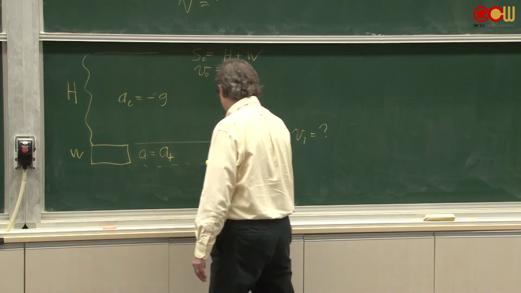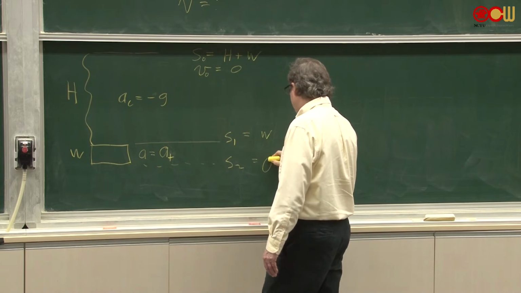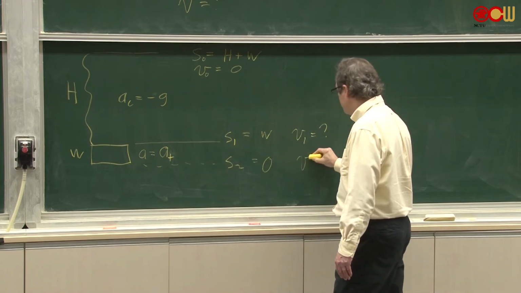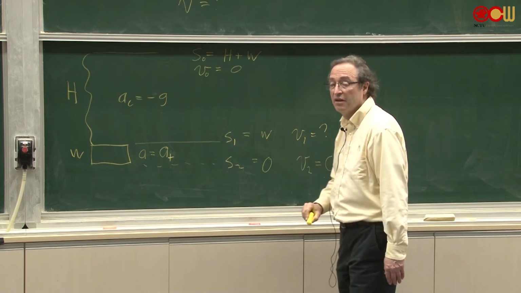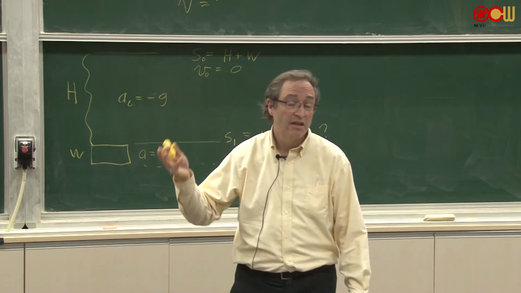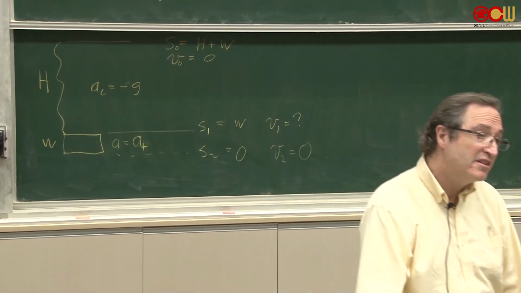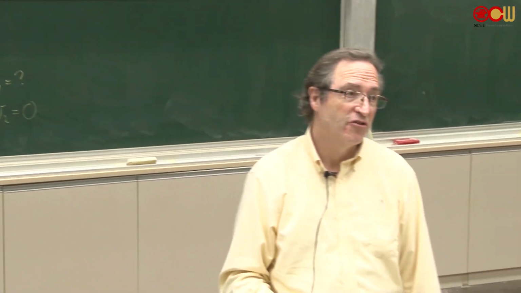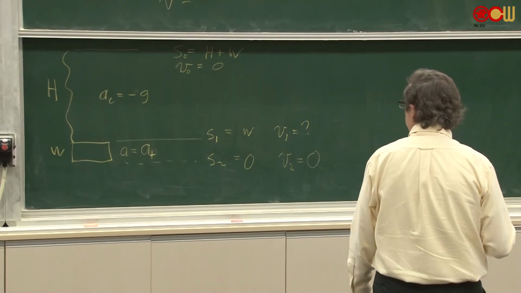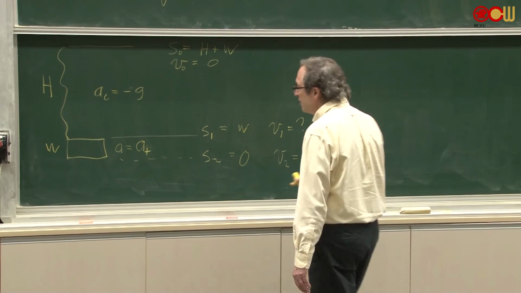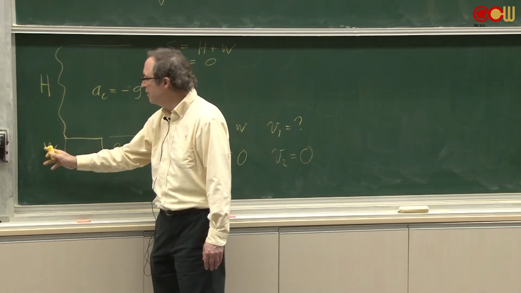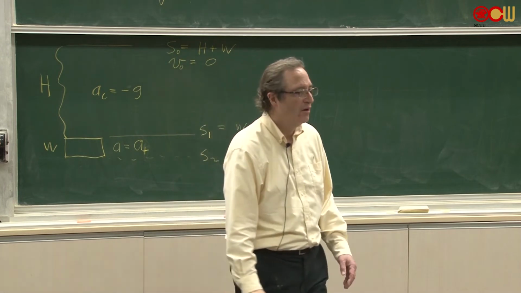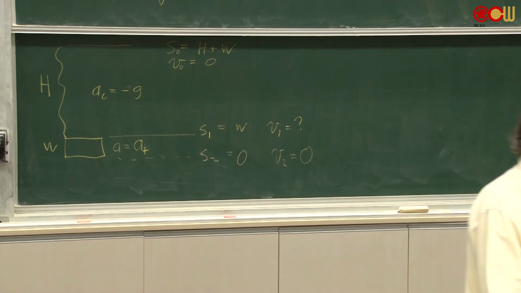That's the ground. We'll call that 0. And V2 is equal to 0 because the person has come to rest at the bottom of the trash dump. And the question is, how does this A here depend on H and W? All right? So that's what our question is.